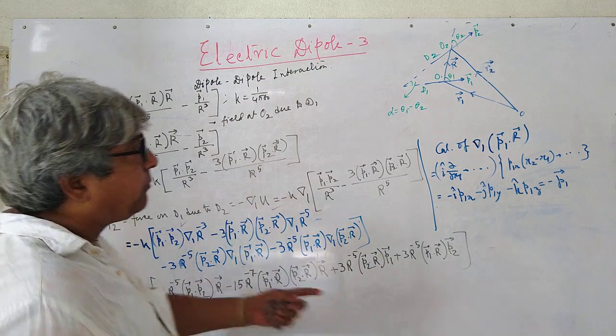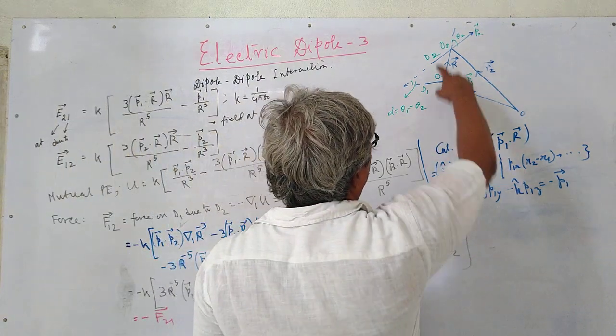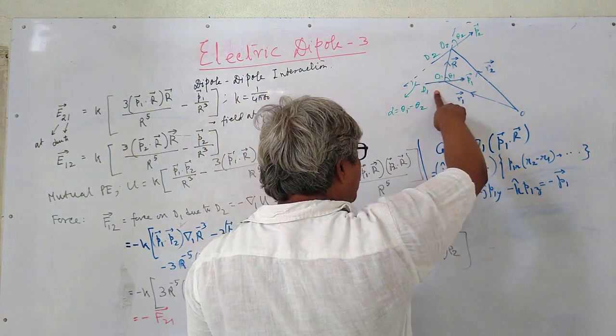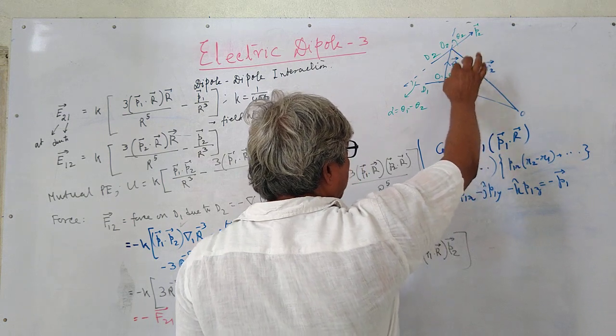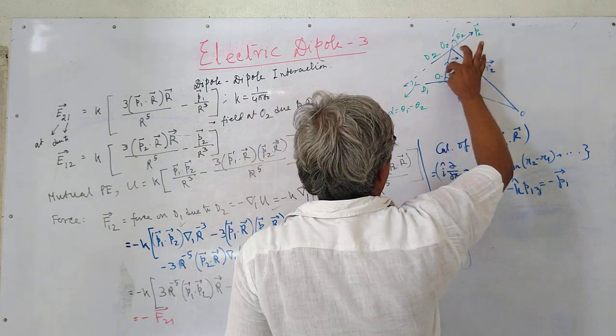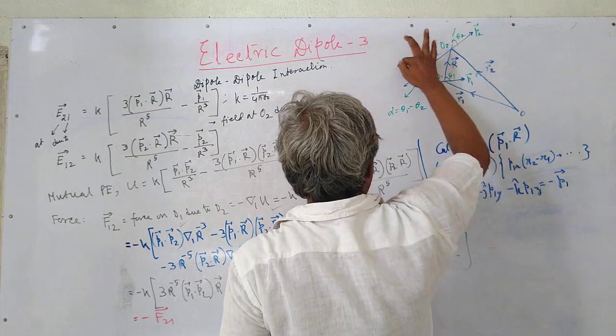If we decompose the force on dipole 1 into its radial and cross radial components, means one part of the force acts in this direction, another part is in this direction.